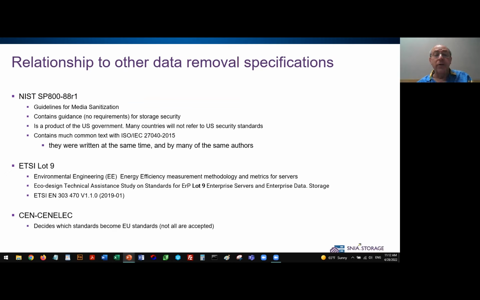The European Union has a lot going on in this area. ETSI Lot 9 on the surface is about saving energy. Well, one of the ways you save energy is by reusing devices and not discarding them. So ETSI Lot 9 has a vested interest in sanitizing storage.